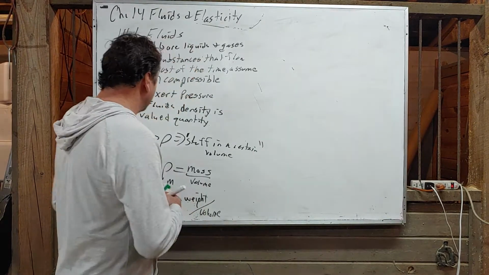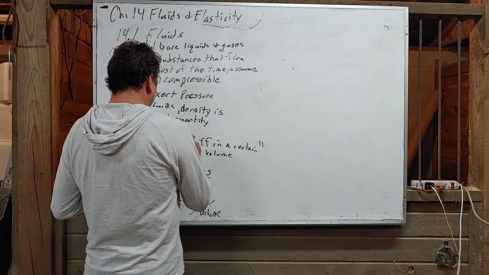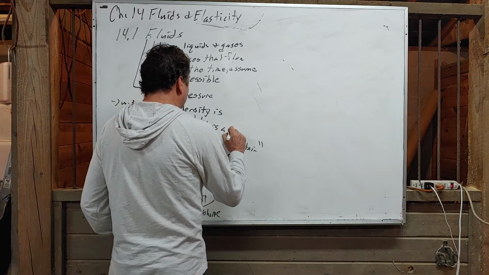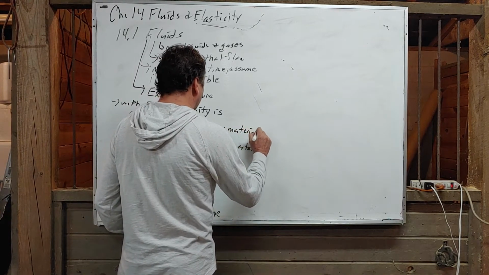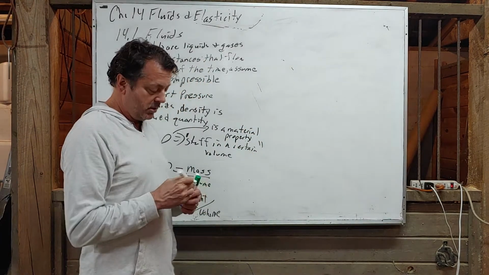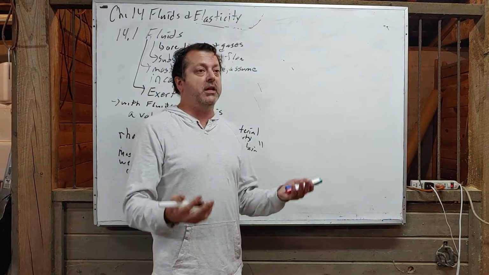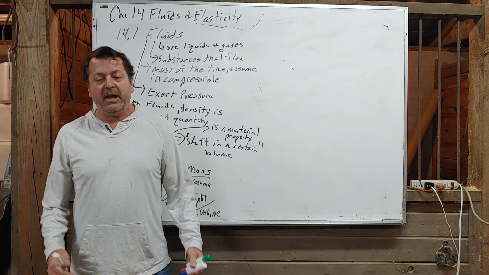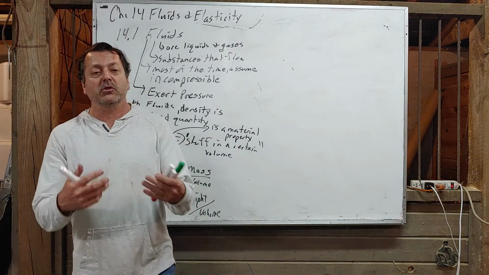The thing about density, it's why it's such an important note: density is a material property. For water, at a certain temperature and a certain pressure, it's going to have a certain density. Air at a certain temperature and a certain pressure will have a certain density.